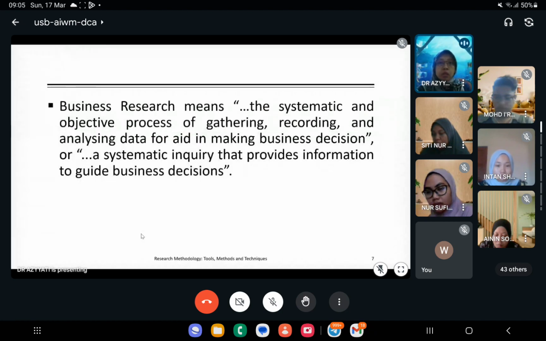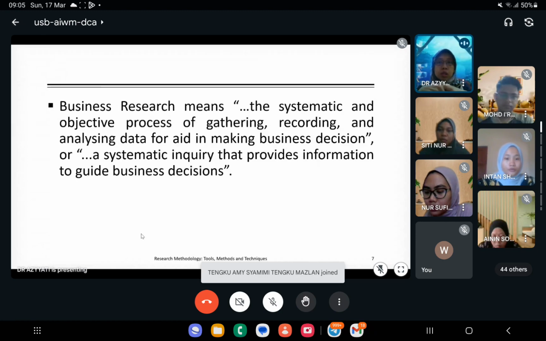When we talk about business research, what you are currently doing is business research: a systematic and objective process of gathering, recording and analyzing data to aid in making business decisions, or a systematic inquiry that provides information to guide business decisions.